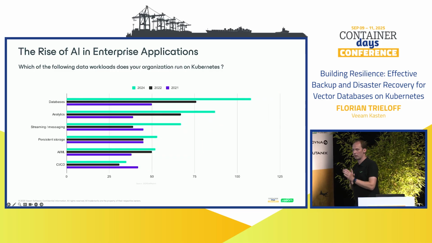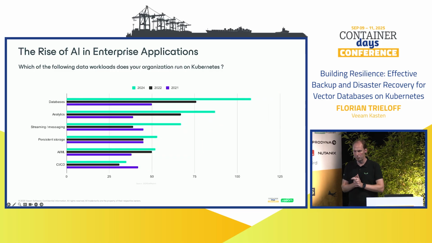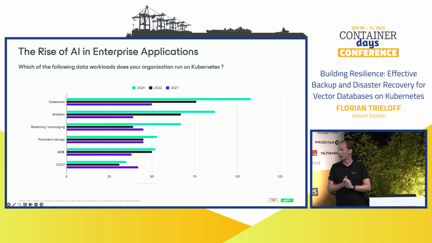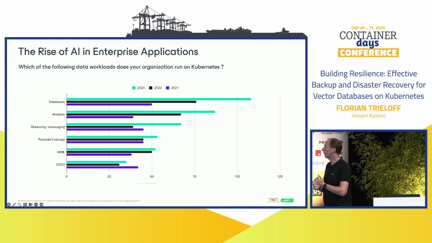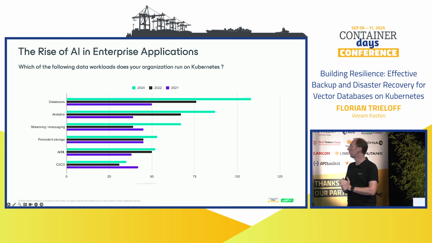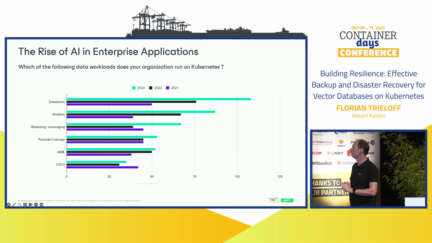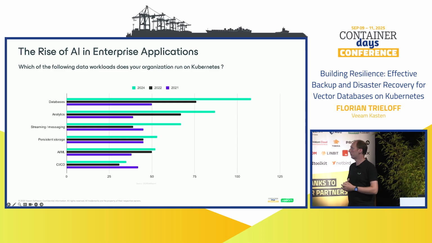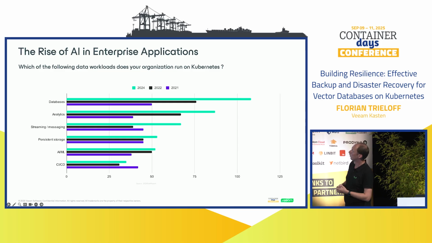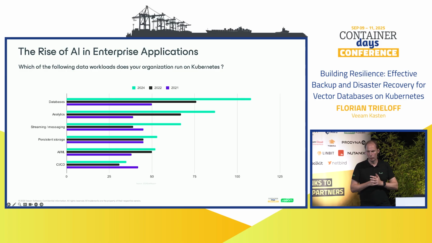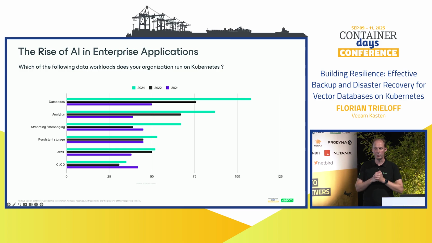Another interesting chart from the same report, and we will see here the different years: blue 2021, black 2022, and now 2024 in this green. We see that databases are now the most common workload in Kubernetes environments.